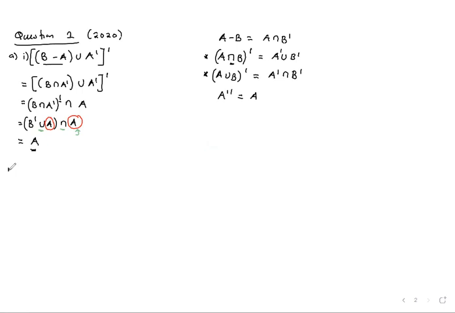Okay, then we got the second part. Given the sets A is equal to (-2, 6), B is equal to (-5, 3), C is equal to (-1, 8).